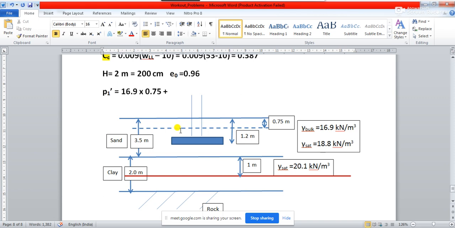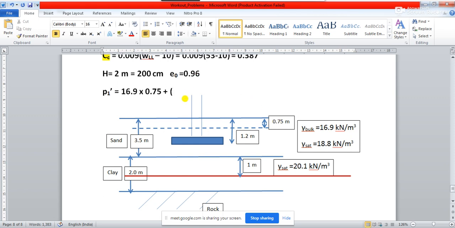after this, from this water table up to this layer we should go. That means up to the sand layer we should go. So what is this depth then? The depth of the layer, that means 3.5 meter is the total depth, right? 3.5 meter is the total depth, out of which you have already calculated overburden for 0.75.